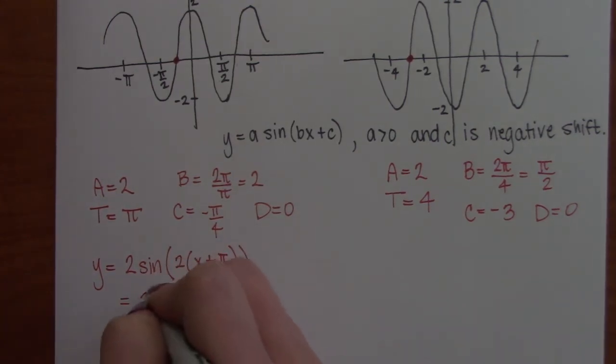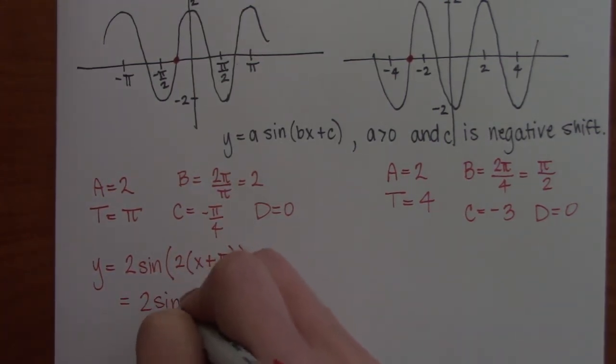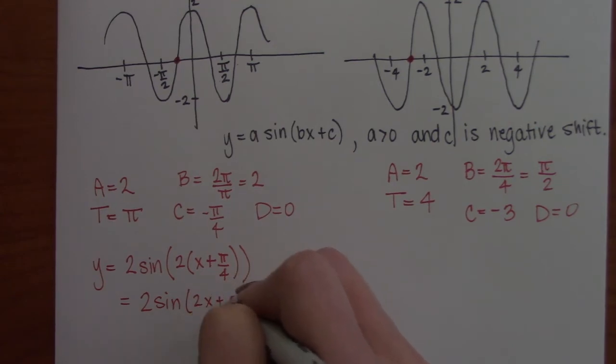And then when you distribute the 2, right, you get the wave in the form that they wanted. So the first line lets us see the phase shift in the equation. The second line, you can't actually see the phase shift. You'd have to factor the 2 back out, right?